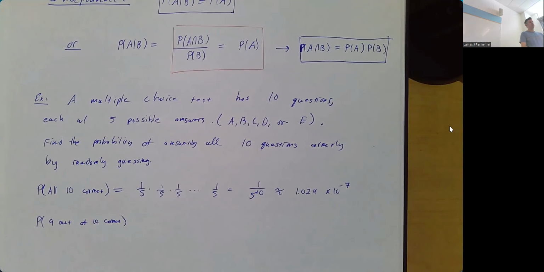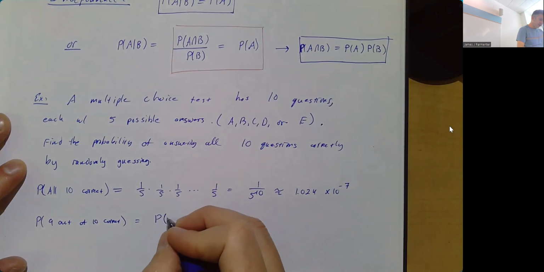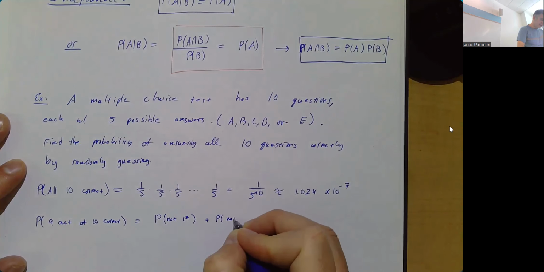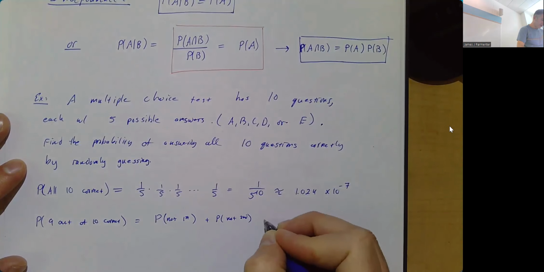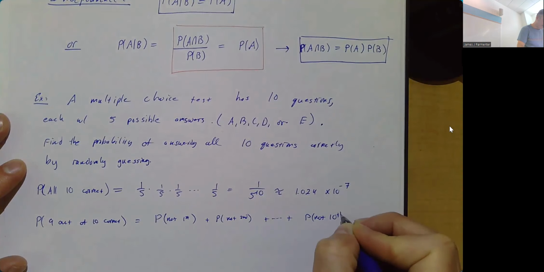So, how many different ways can I get 9 out of 10 correct? You might think 1, but no, I can get the first 9 correct, or the first 8 and the last one, or the first 7 and the last 2, right? Basically, it's the probability of getting all but the first, and all but the second, and all but the third, all the way to all but the 10th.